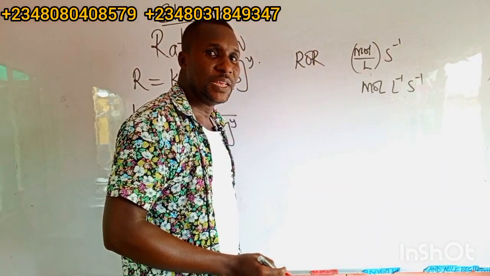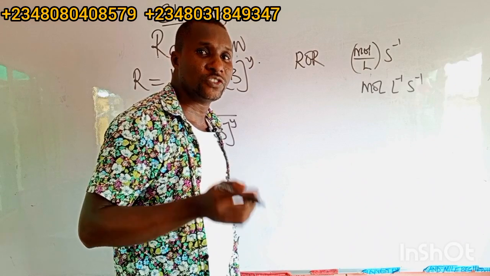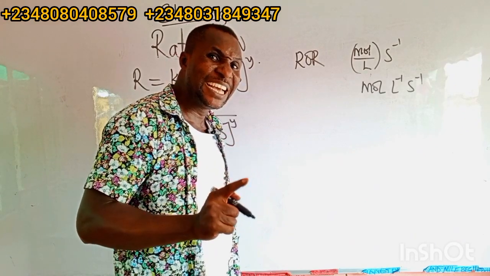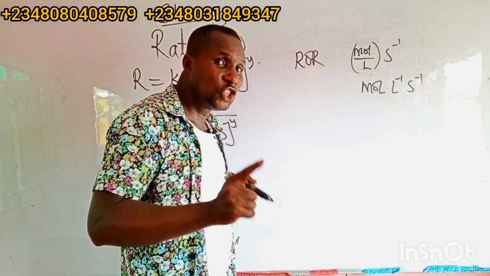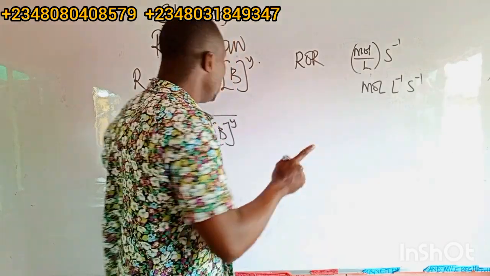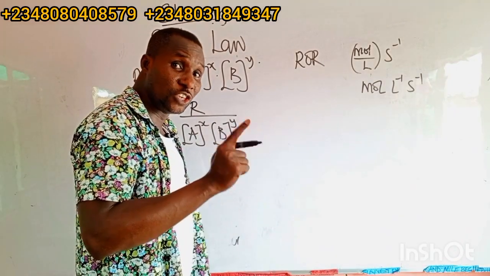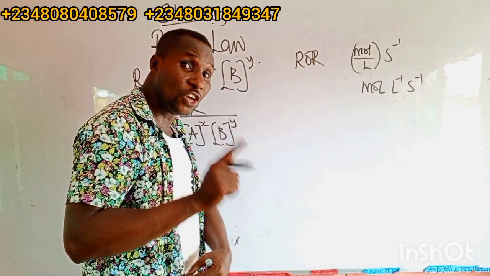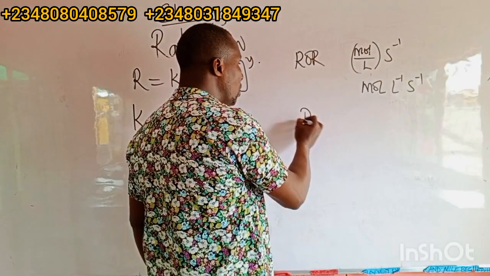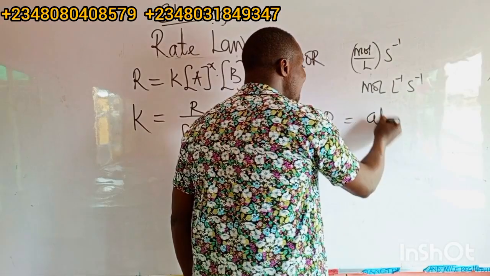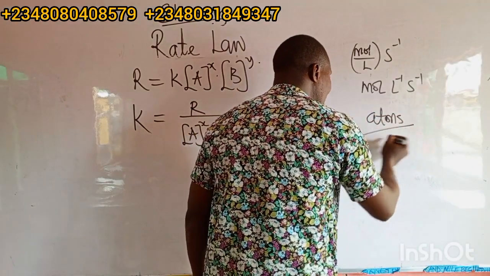If we have a gaseous reaction, take note, a gaseous reaction in which, instead of the concentration, we look at the pressure. When you have a gaseous reaction, the unit of the rate of reaction will be equal to atmosphere per what?